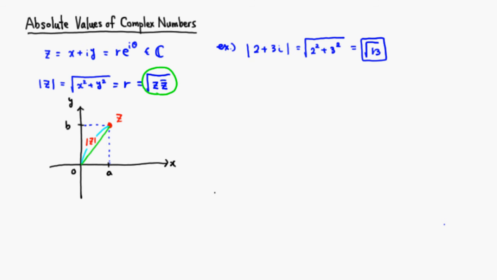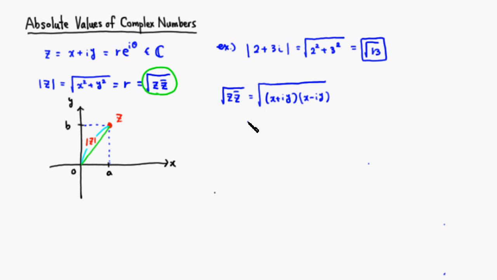Let's look at the square root of z times z bar. z is x plus iy, and z bar is x minus iy.